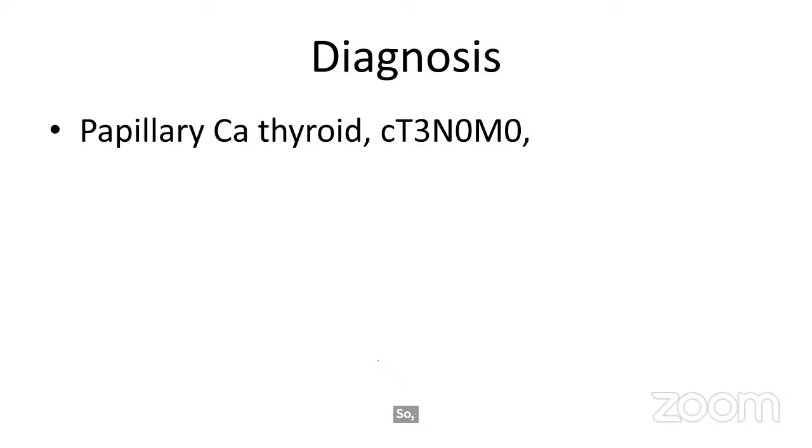Sir, I'll counsel this patient for total thyroidectomy with a single compartment recurrence surgery. The patient has to be counseled very well regarding the pros and cons of the surgery. She must know and understand that after removing the whole thyroid gland, she will have to be on thyroxine for the rest of her life. She also has to understand the risk of injuring the recurrent laryngeal nerve as well as the parathyroid glands.